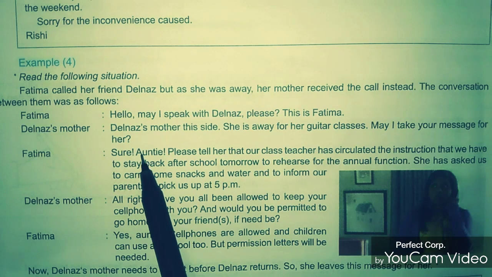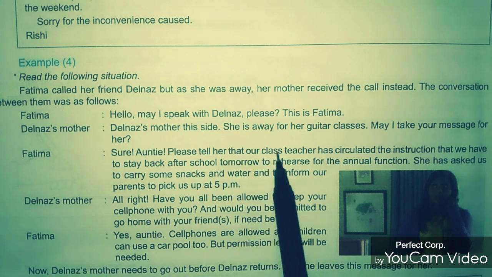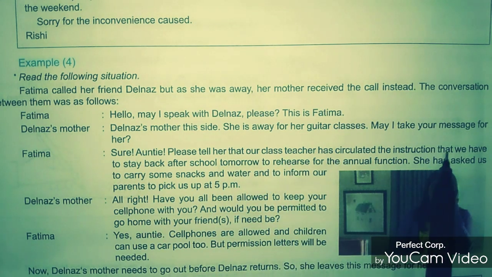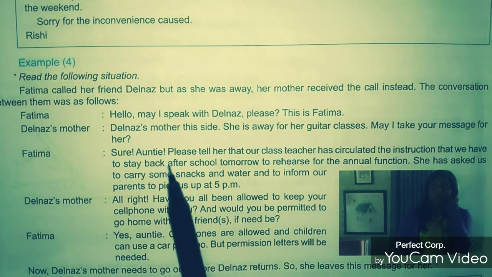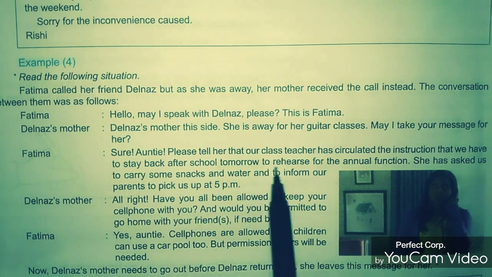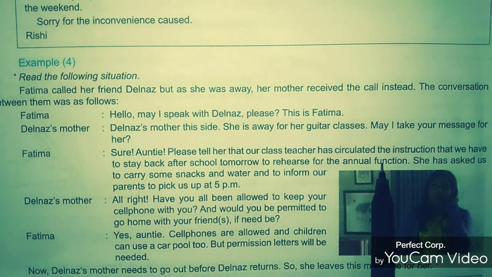Fatima: Sure, auntie. Please tell her that our class teacher has circulated the instruction that we have to stay back after school tomorrow to rehearse for the annual function.